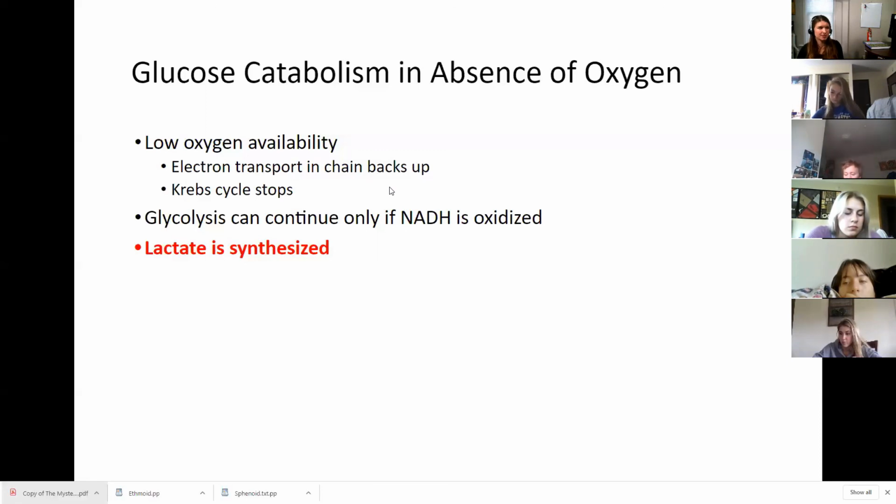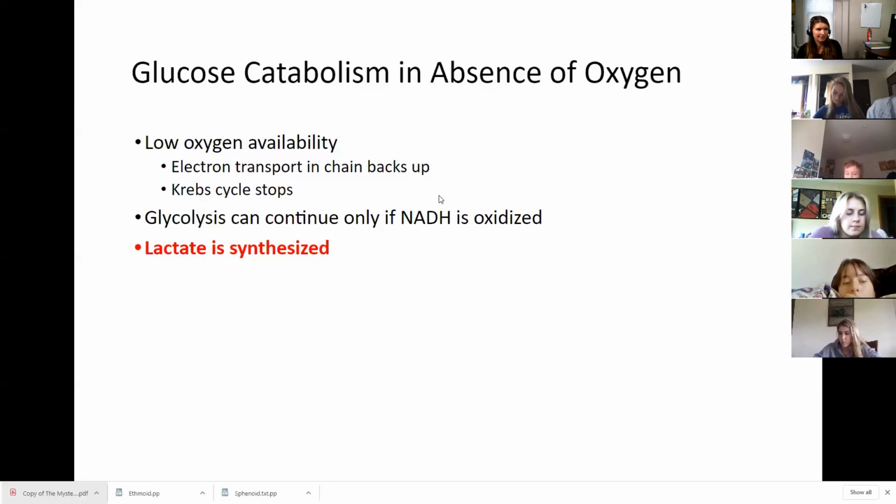But glycolysis requires the input of NAD, which is the oxidized form of this electron carrier. So NADH is a reduced form. Usually the electron transport chain pulls off that hydrogen, uses up an electron, and we're good. We can send that NAD back to the beginning of the process. But if we don't have that electron transport chain running, this process isn't happening.